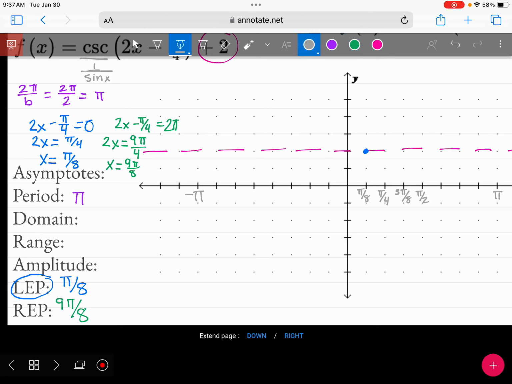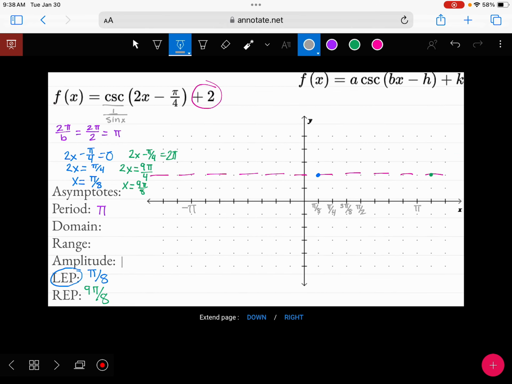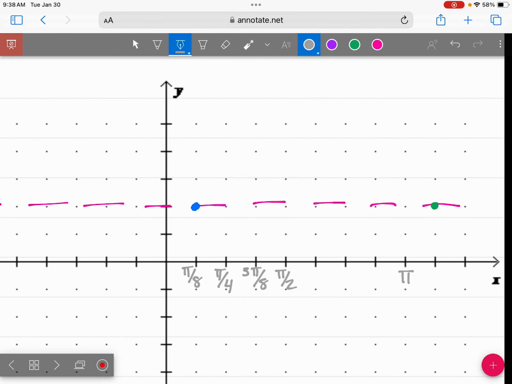What's our amplitude? 1. It's just normal. There's not one written there, so our amplitude's 1. So when we're looking up here at our graph, we have our midpoint. Oh, good, it's 8. 1, 2, 3, 4. That's going to be where our other 0 is.